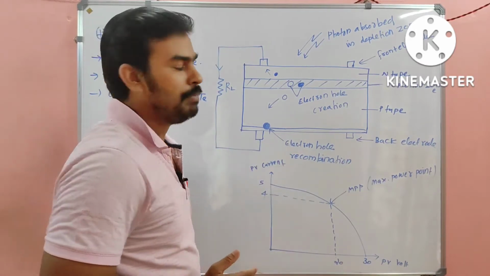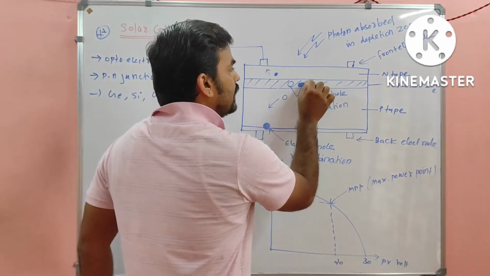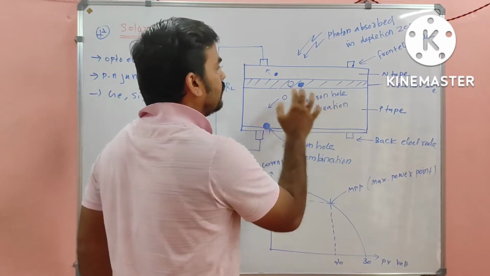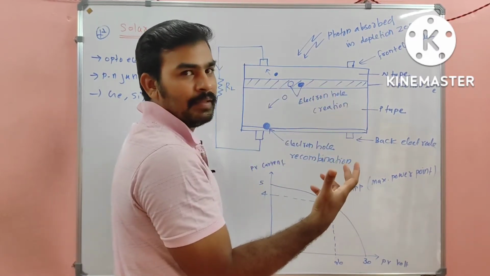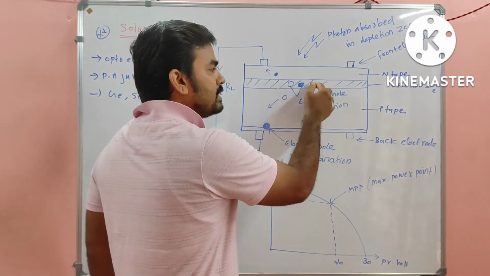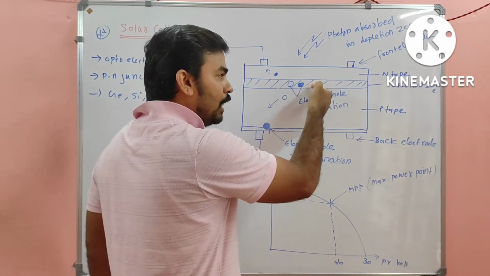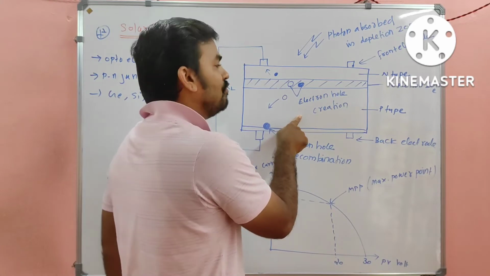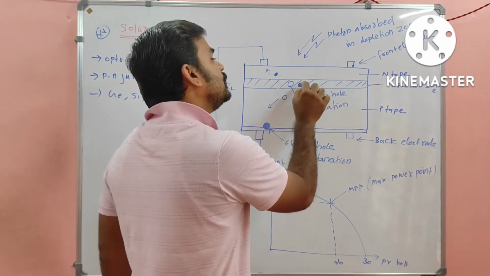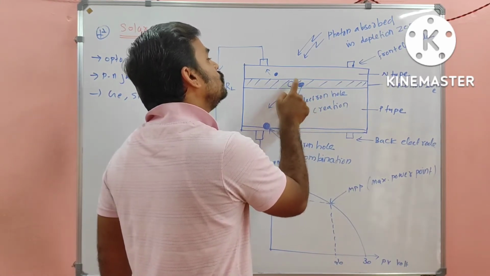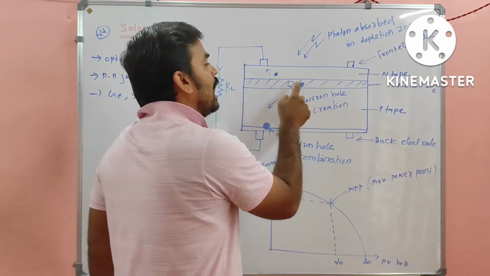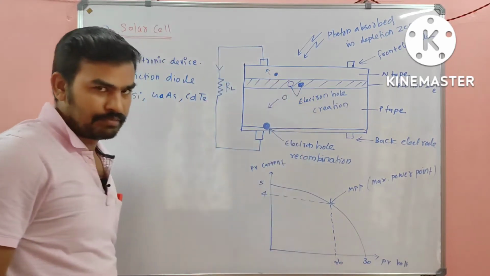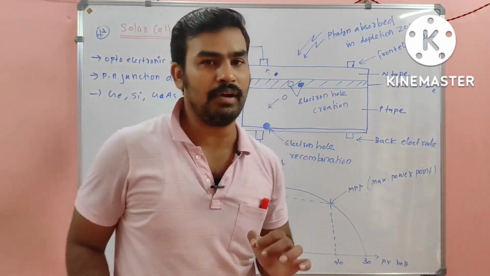No, that won't happen, because there is a very big barrier. The barrier doesn't allow the electrons to move from this region to that region. But it is very easy to move the electrons towards the N itself and holes towards the P itself. That is the difference you have to note down here.